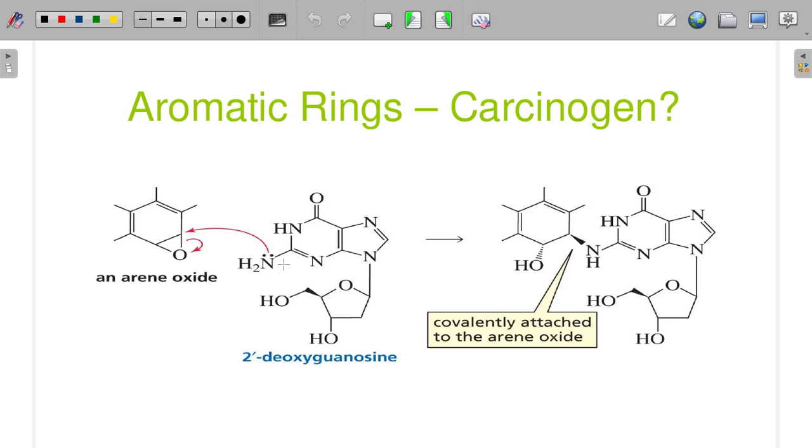And if our arene oxide happens to be near something like this deoxyguanosine, we're going to actually make a bond there. And this now is no longer what it's supposed to be. Your body can't replicate it. That is what makes arene oxides potentially carcinogenic.